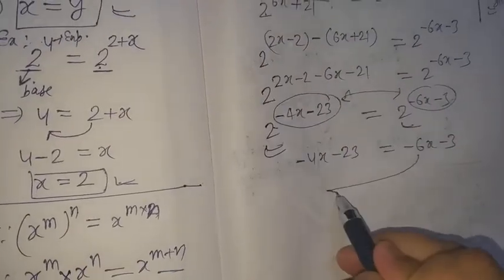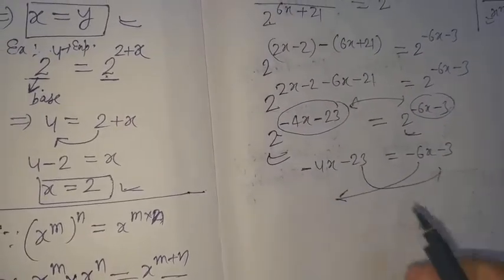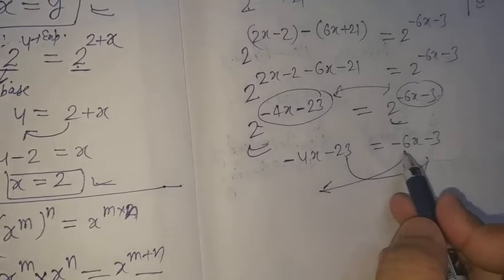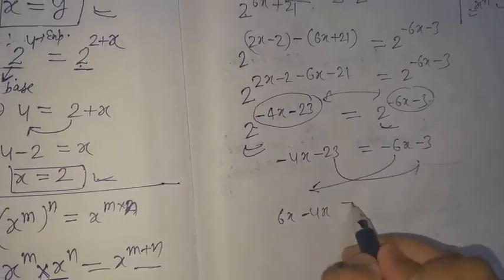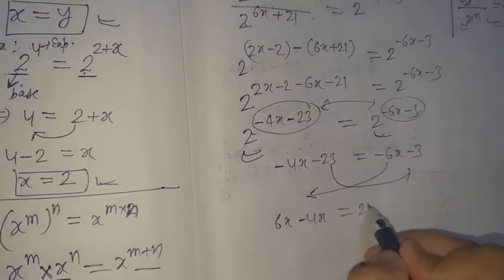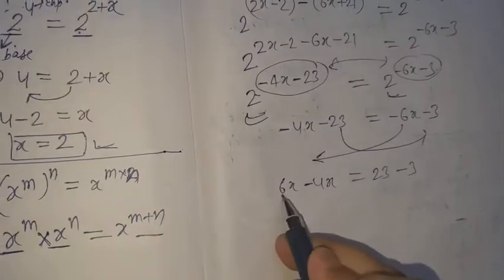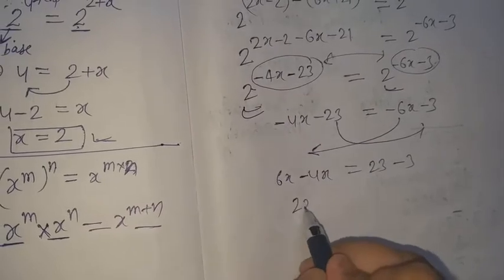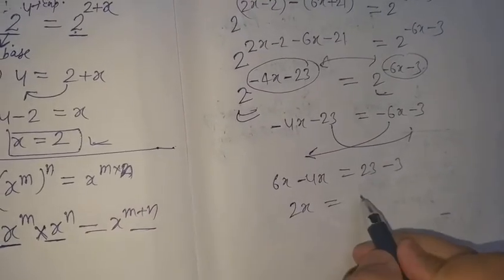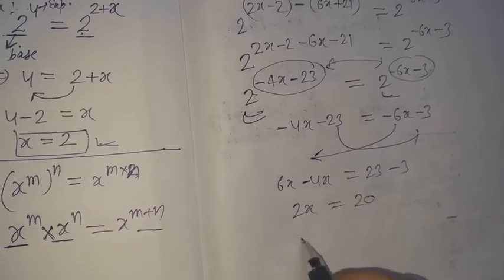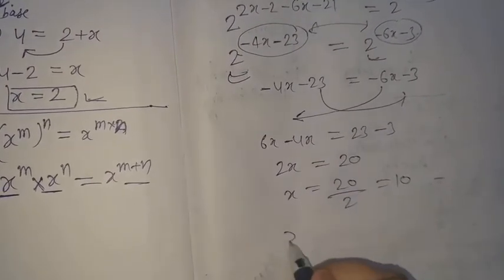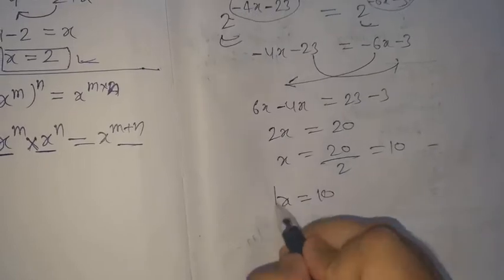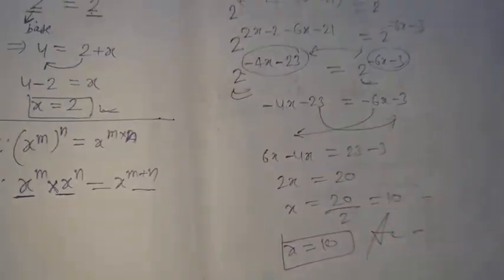So put this 6x here and 23 there. This becomes minus 6x. Come here, 6x minus 4x, and 23 becomes positive here, minus 3. 6x minus 4x is 2x. 23 minus 3 is 20. So x equals 20 by 2. So this becomes 10. So the answer will be x equal to 10.